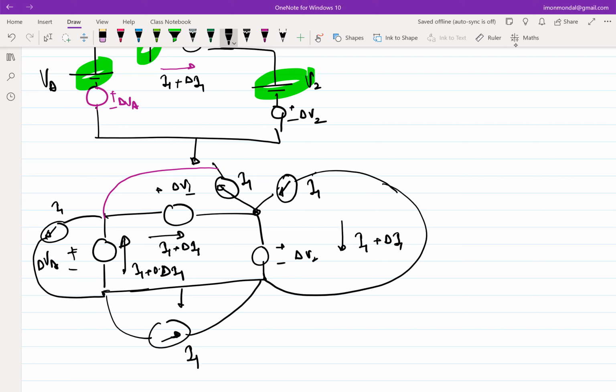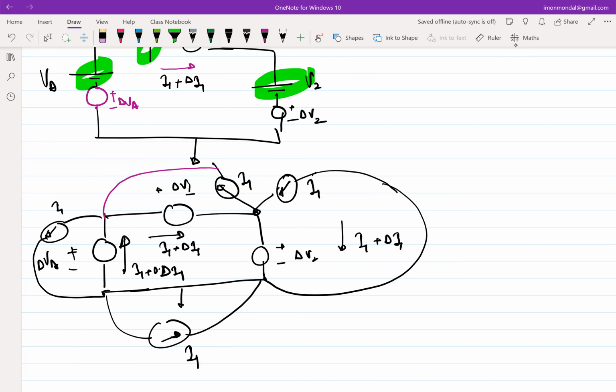Okay. So now concentrate on any branch. Let's say I concentrate on this loop. What do you see?